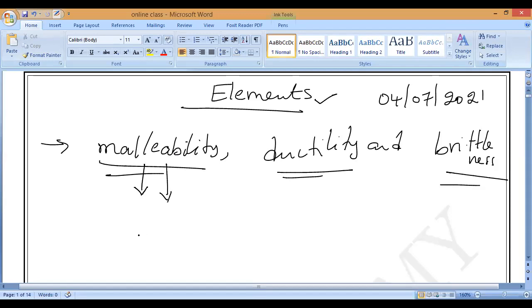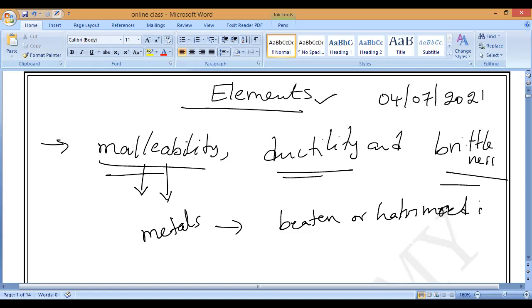This is the property of metals which are beaten or hammered into thin sheets without breaking. That is the most important thing.